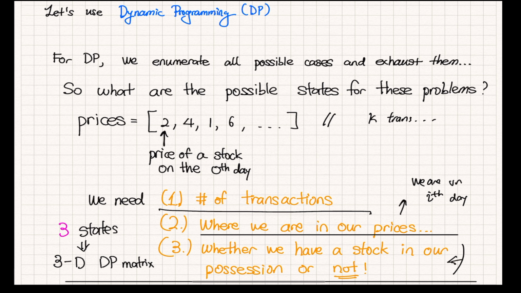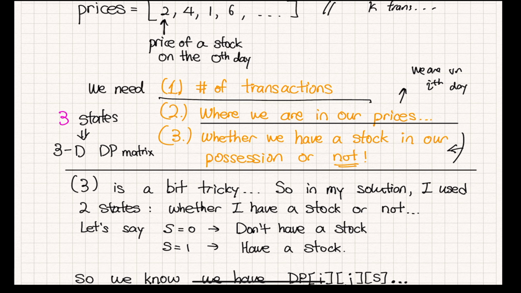This part is the key. So we have 3 states to consider, which means we have a 3-dimensional DP table. This third state is a little bit tricky, and in my solution I use 2 states for it: whether I have a stock, or whether I don't have a stock.